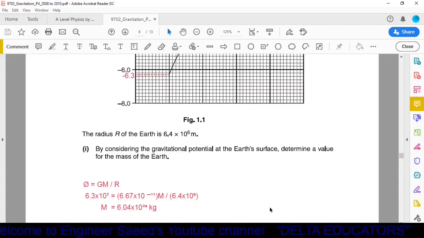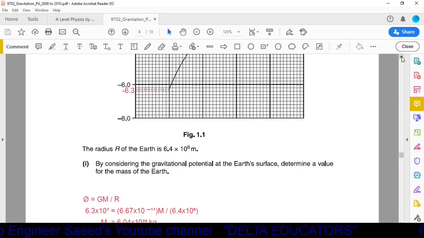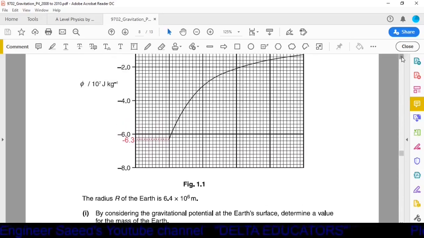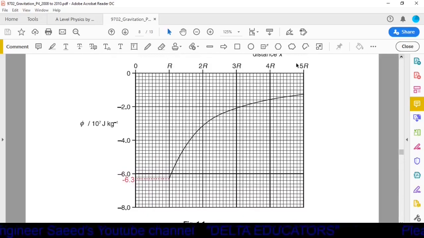Okay, gravitational potential is given as capital G, capital M over R. Now we have to substitute the values. We have to find out the mass of Earth by using the graph. At point R, we have to find out the gravitational potential.